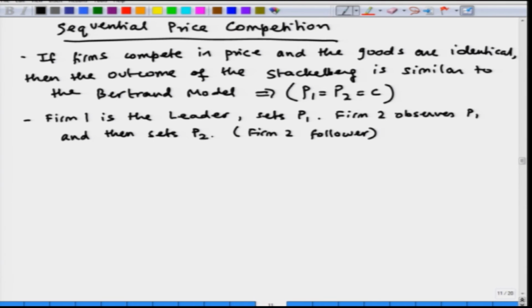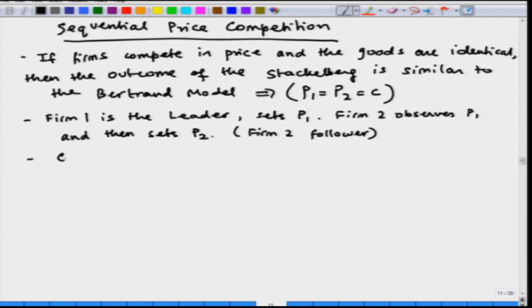Consumers will buy the product. So, other features of the Bertrand model are identical, which is that consumers will always buy the product from the firm which charges the lower price. Firms have no capacity constraints, that is, if one firm charges a lower price than the other firm, it gets the entire market demand and it has enough capacity to meet the entire market demand. And if both the firms set identical prices, they essentially split the market, right.